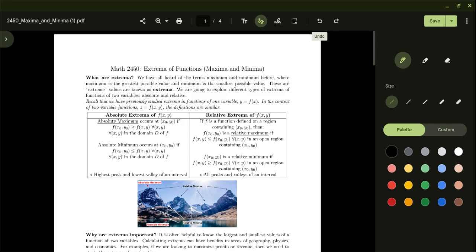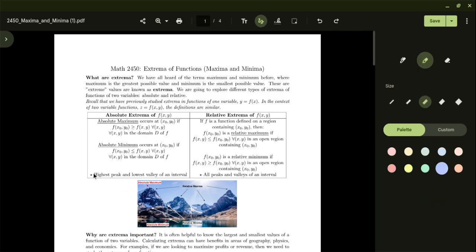Here, if you look at this table, I have the definition of these two types of extrema in math language, but ultimately, what I want you to take away from this is that when I think of absolute extrema, I am looking at only the highest peak and lowest valley of our function on an interval.